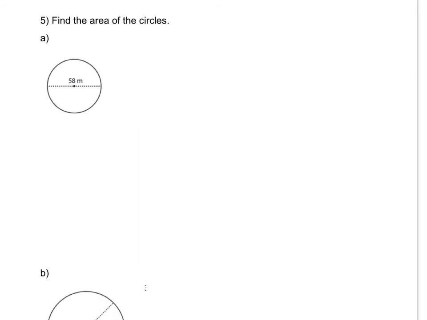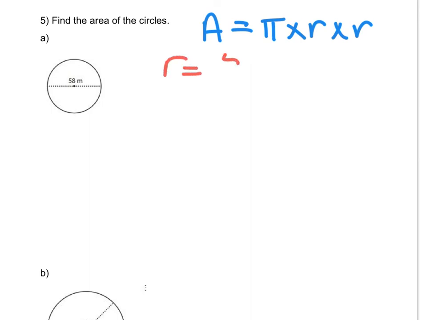Next, we have area equals pi r squared. Now in this case we don't have the radius, we have the diameter. So remember, radius equals diameter divided by 2, which is 58 over 2, which gives you 29.